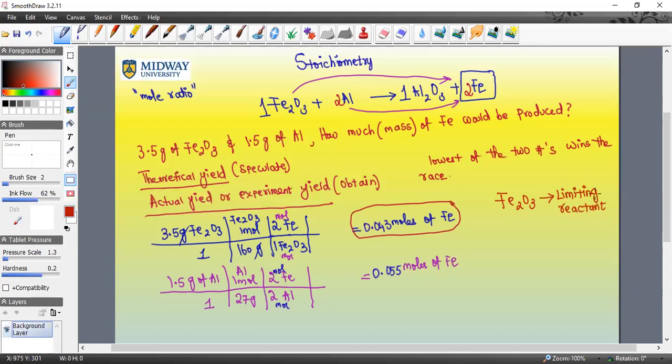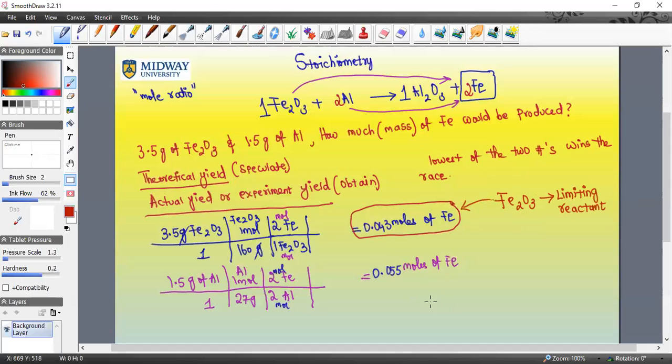One of them is limiting, one of them is excess, and we can only determine that based on the actual calculation, not by looking at the one or two. Sometimes it does work, but most of the time it may not work. You cannot ever judge whether it's limiting or excess based on the ratio numbers. You have to actually work out the calculation. That means this right here is your limiting reactant number.